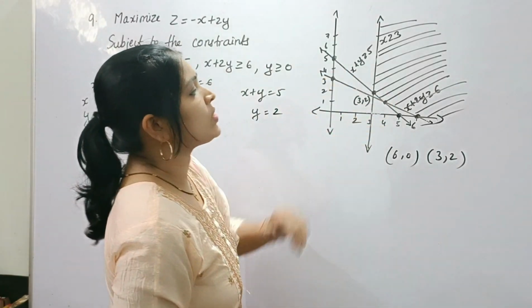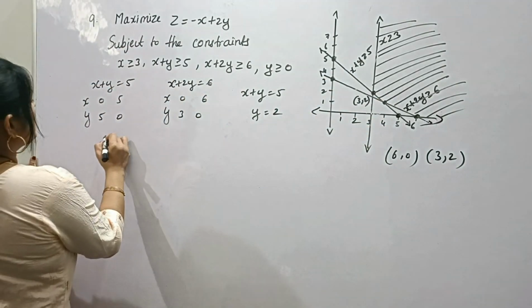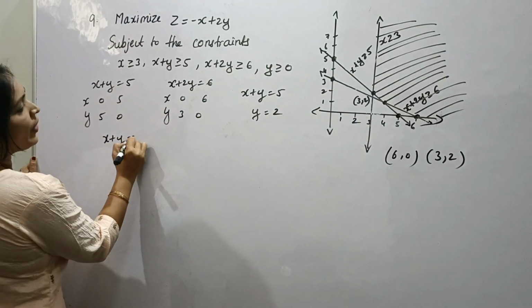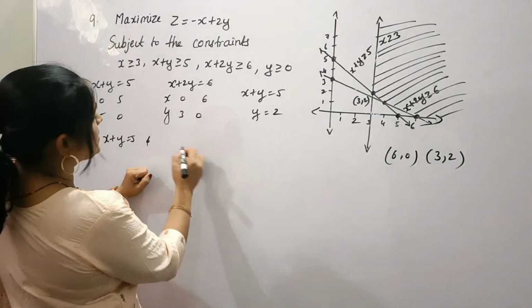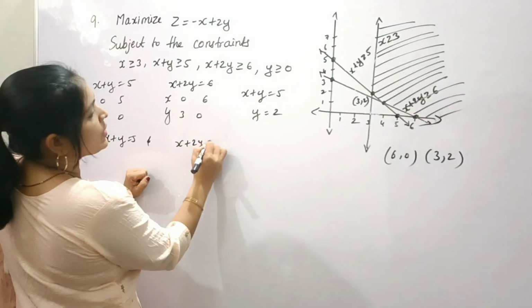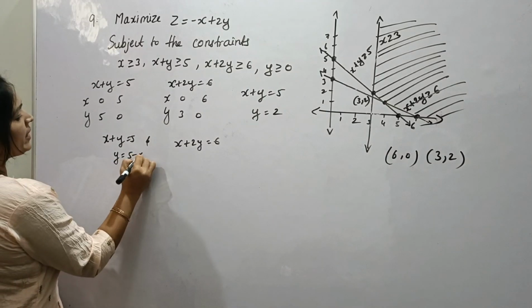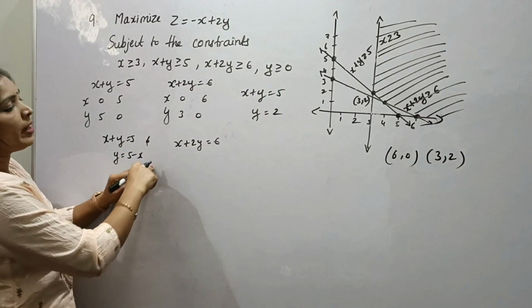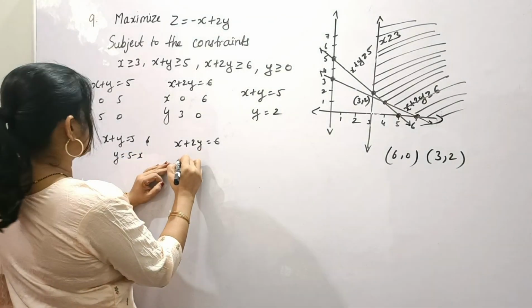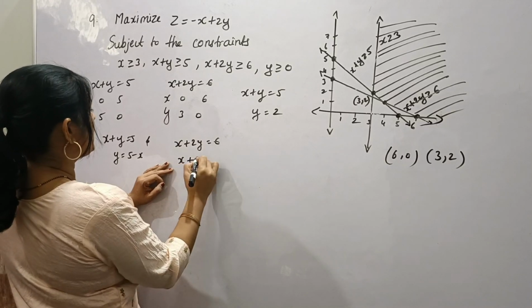And next let's find this point, that is the point of intersection of these two lines. So by solving these two equations we will get this point. x plus y is equal to 5 and another equation is x plus 2y is equal to 6.